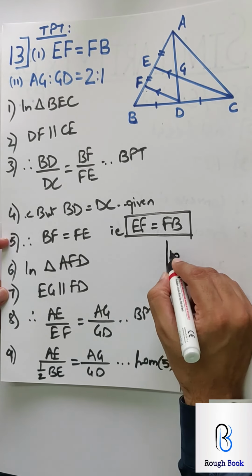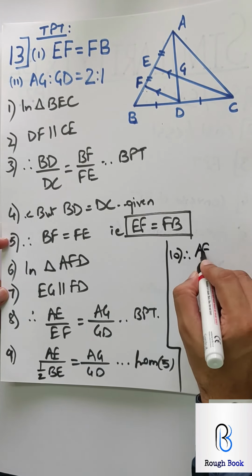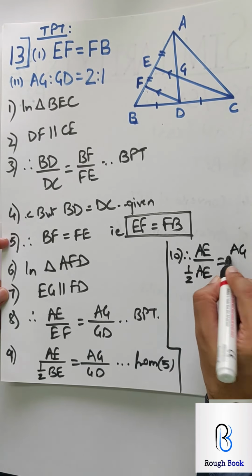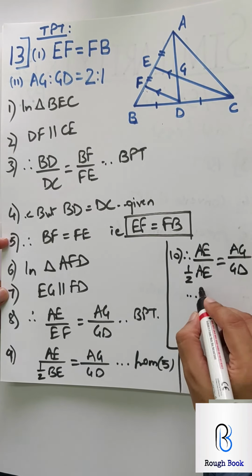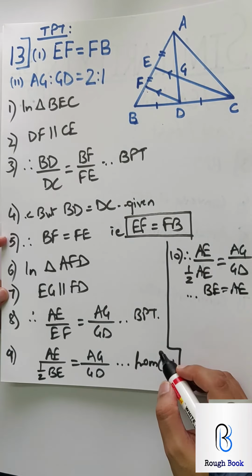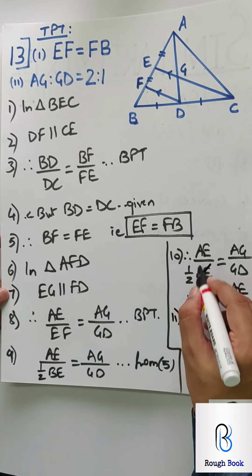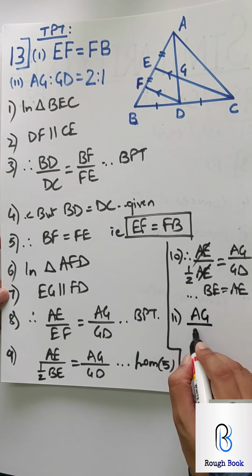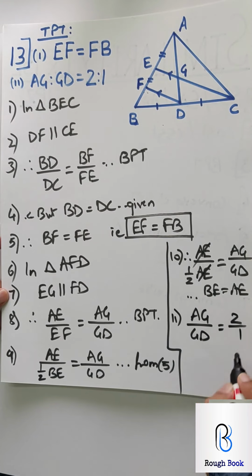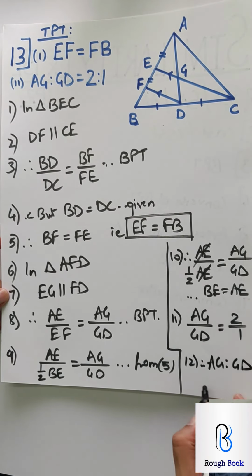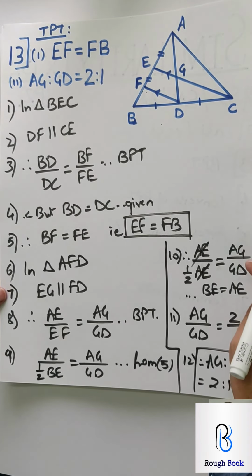So my next step 10, therefore AE upon half of AE equals AG upon GD. Because BE equals AE since CE is the median. Finally this cancels. Denominator goes back to the numerator. Therefore AG upon GD becomes 2/1, and therefore AG ratio GD is equal to 2:1. That's what your final target is.